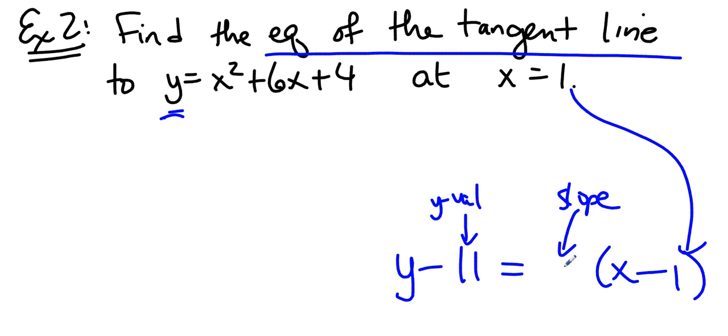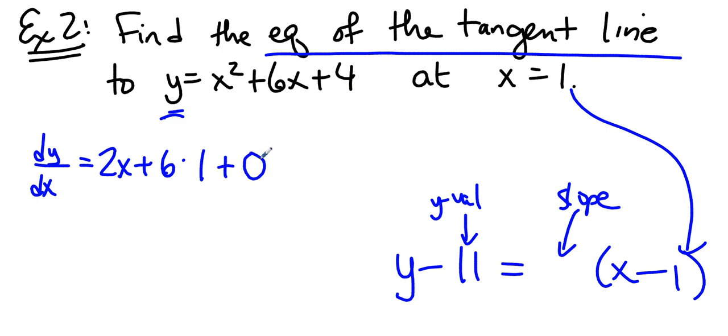The slope. Derivatives give us slopes. So we find dy dx. The derivative of x squared is 2x. The derivative of 6x, well, that's 6 times the derivative of x, and the derivative of x is 1, and then this is a constant, so there is nothing to add on.